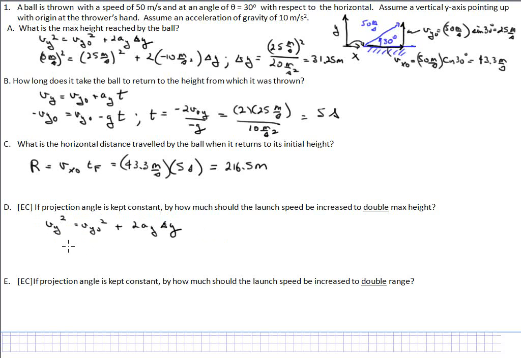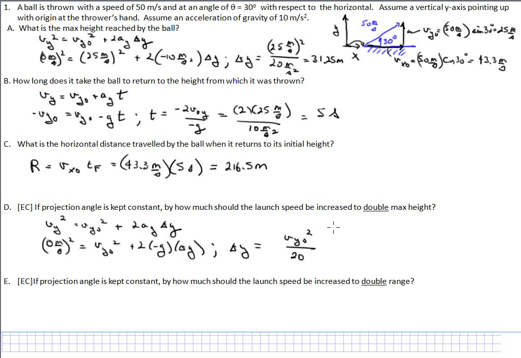And so again, if I set this equal to 0 as I did up above here, 0 meters per second squared is equal to Vy naught squared plus 2 times minus g times delta y. And if I solve for delta y, I get Vy naught squared over, well, this is minus 10 over 20.